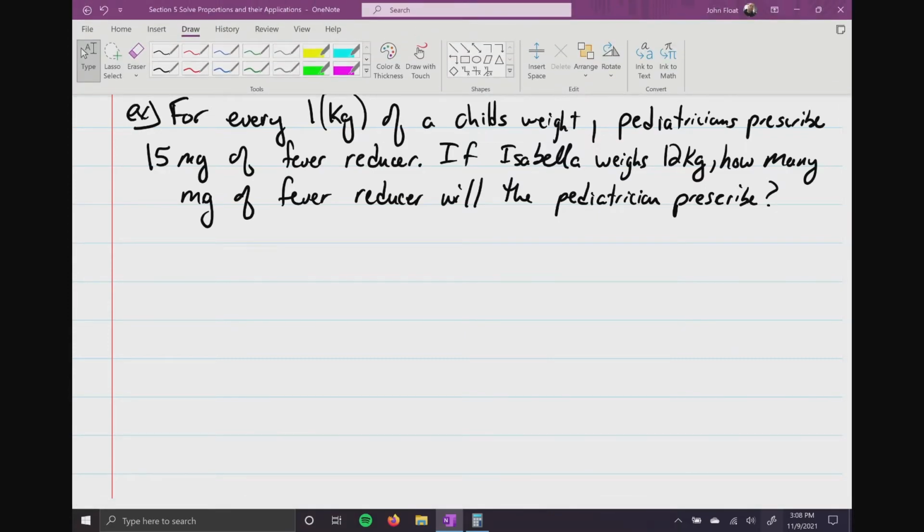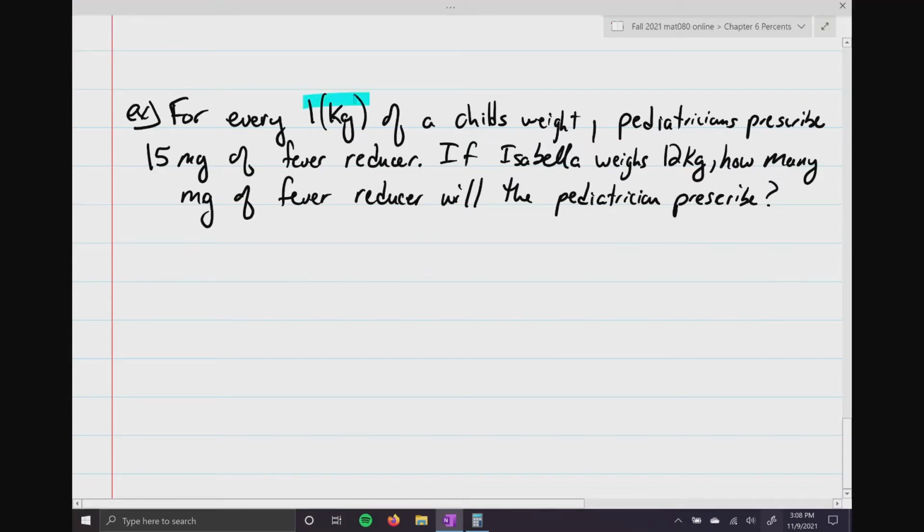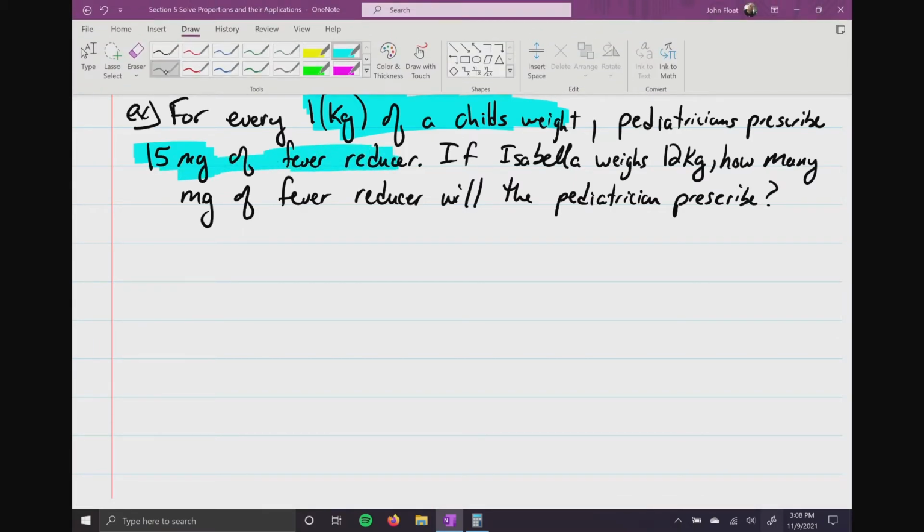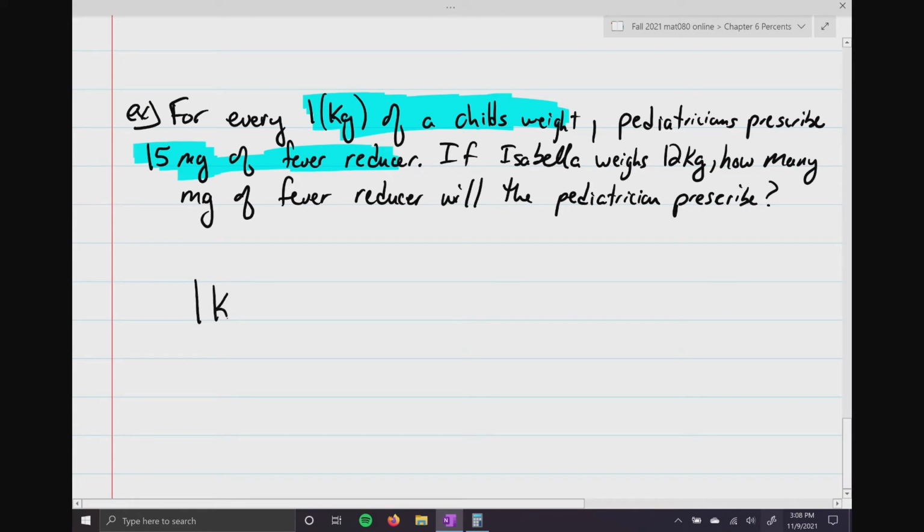I think a highlighter is better. So for every 1 kilogram of a child's weight, the pediatrician will prescribe 15 milligrams of fever reducer. So I'm going to write that as 1 kilogram of weight over 15 milligrams of fever reducer.